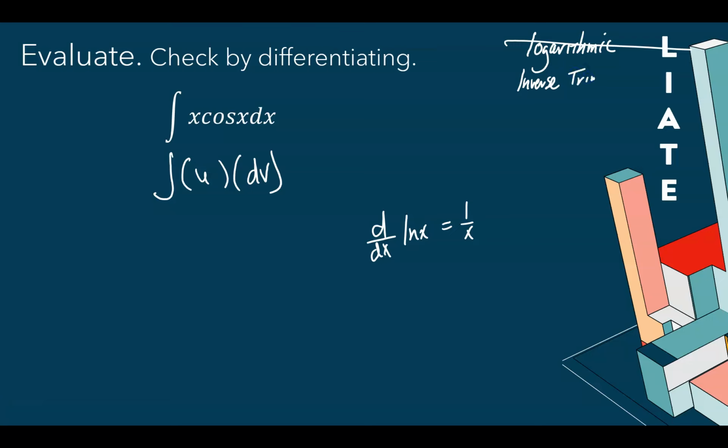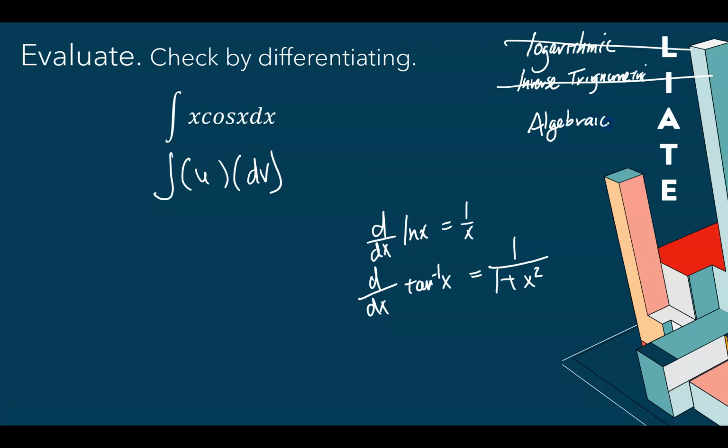Maybe an inverse trigonometric. Because, like the derivative of inverse tangent, well, that's nothing like an inverse tangent. We get 1 over 1 plus x squared, which you can easily recombine with other things. If you don't have one of those, you choose something algebraic.